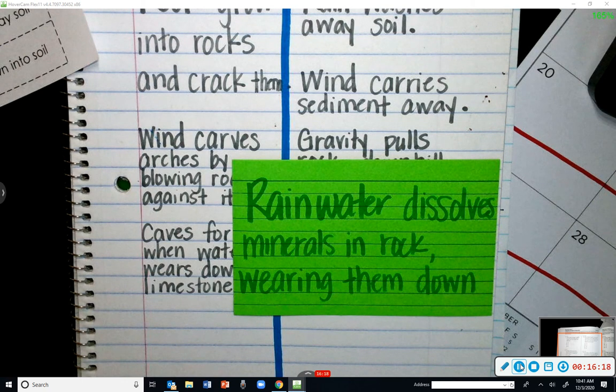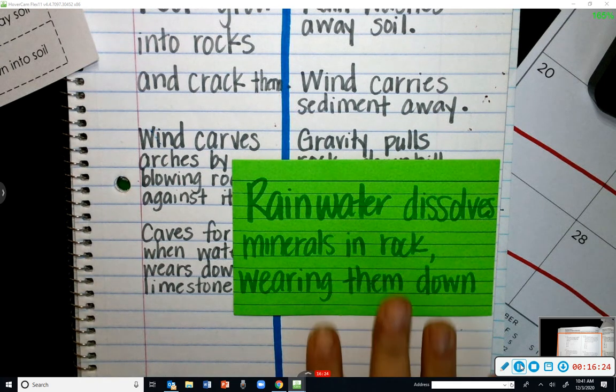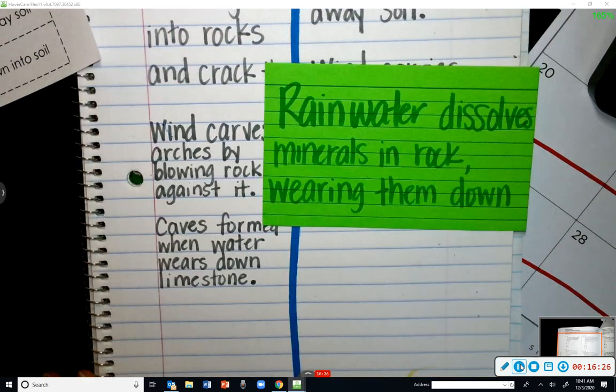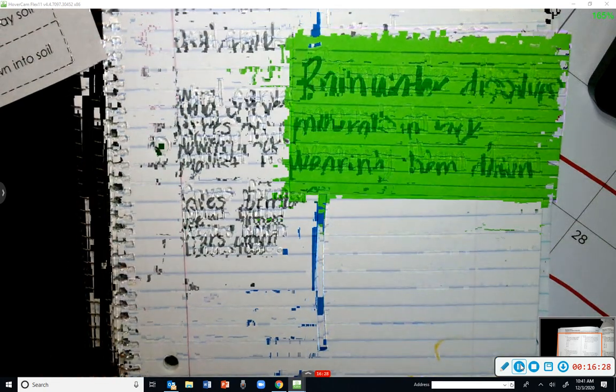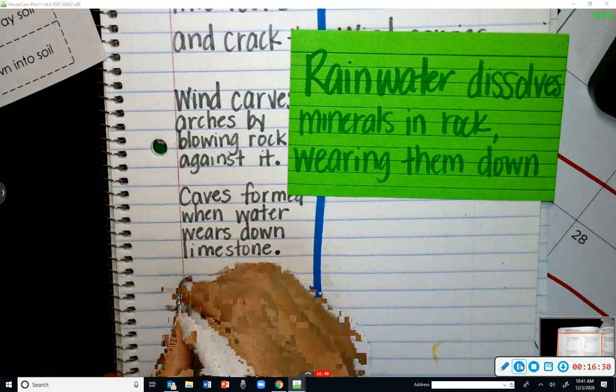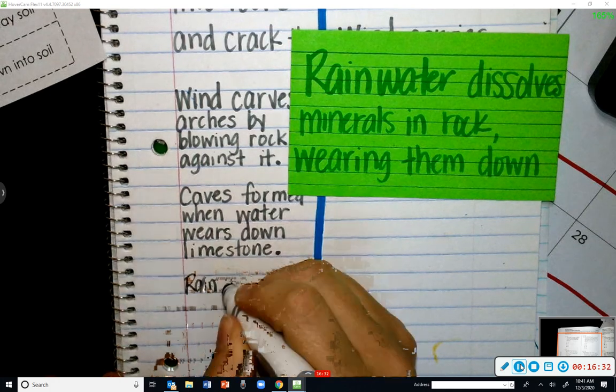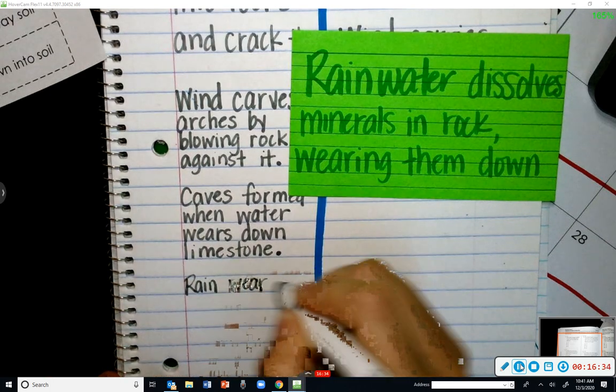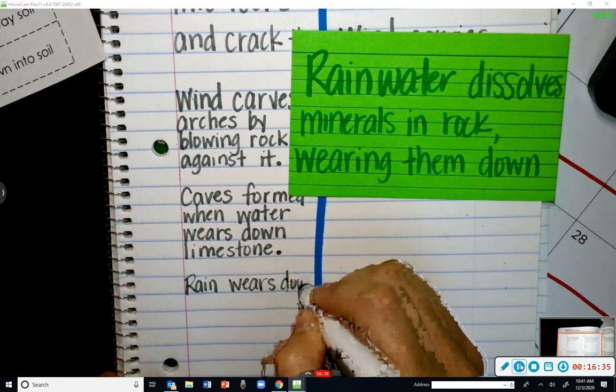It's weathering. Weathering, good. So rainwater dissolves minerals in rock and wears them down. Okay? So we'll just say rain wears down rock.